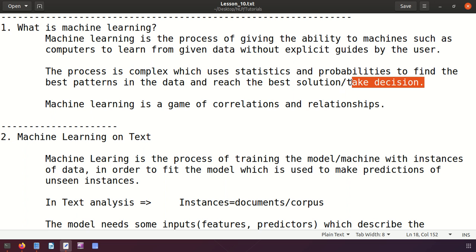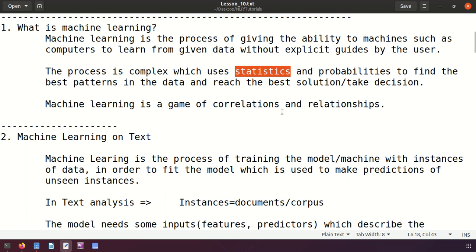Now giving this ability to machines is not that simple, it is a little bit complex. It is based on statistics and also probabilities, and then the model will be trained and will be able to predict the output or take the decision or find the solution. Machine learning is a game of correlations and relationships.